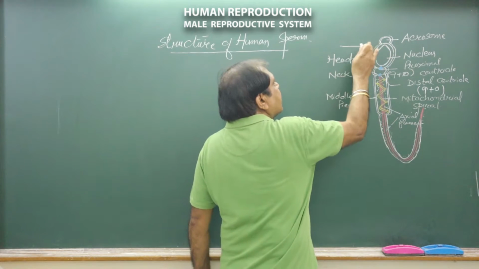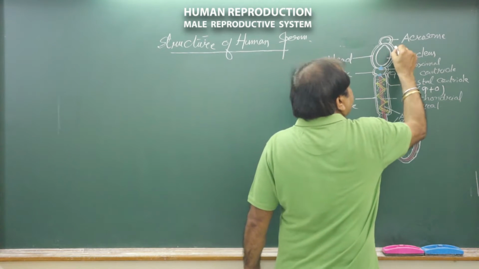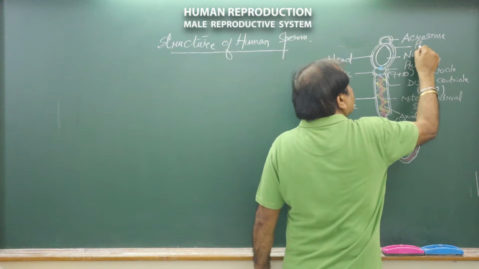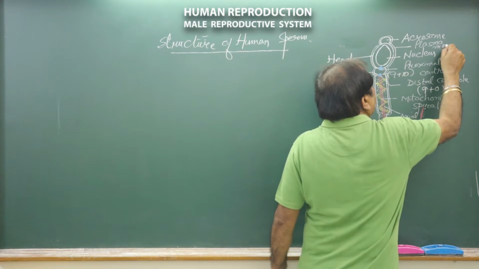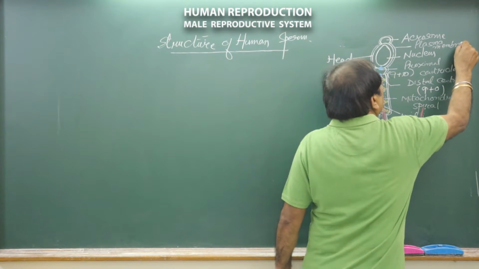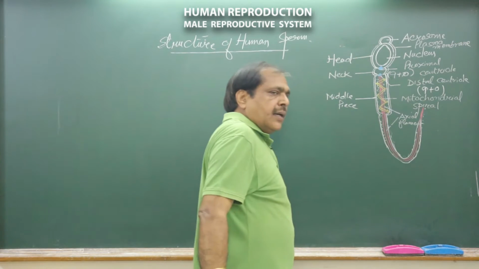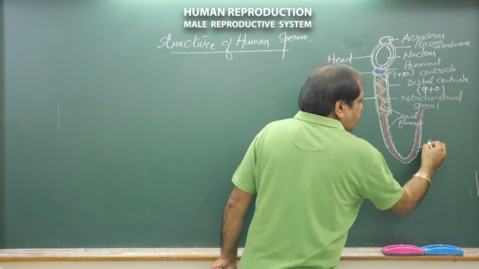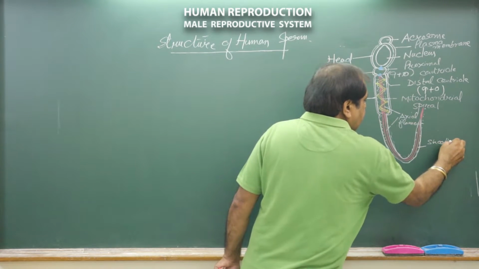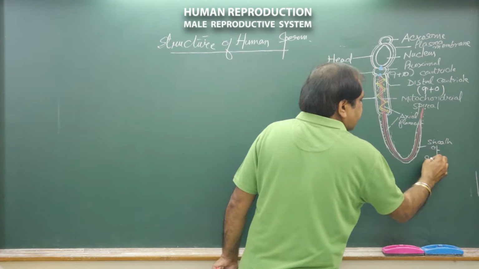Let us label it on this side. This is the plasma membrane, and this one is the sheath of cytoplasm.